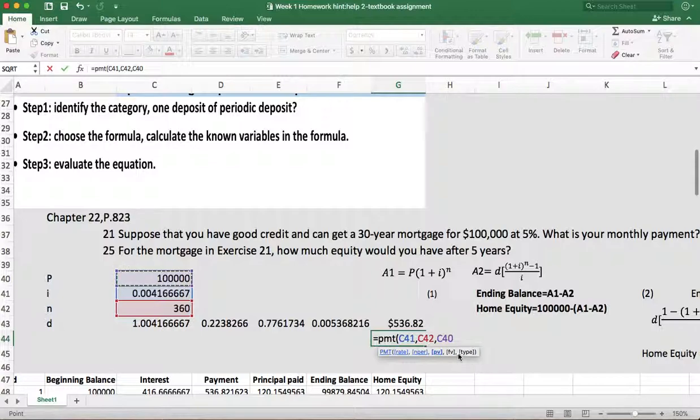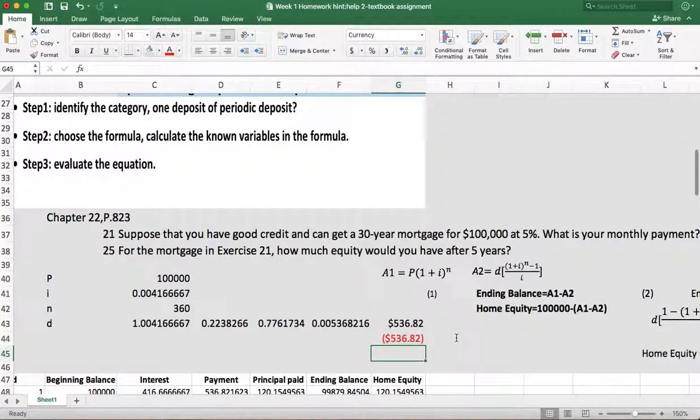The default setting is 0, at the end of the period. Because we use the default setting, we don't need to type the future value and the type. Just close the parenthesis and return.